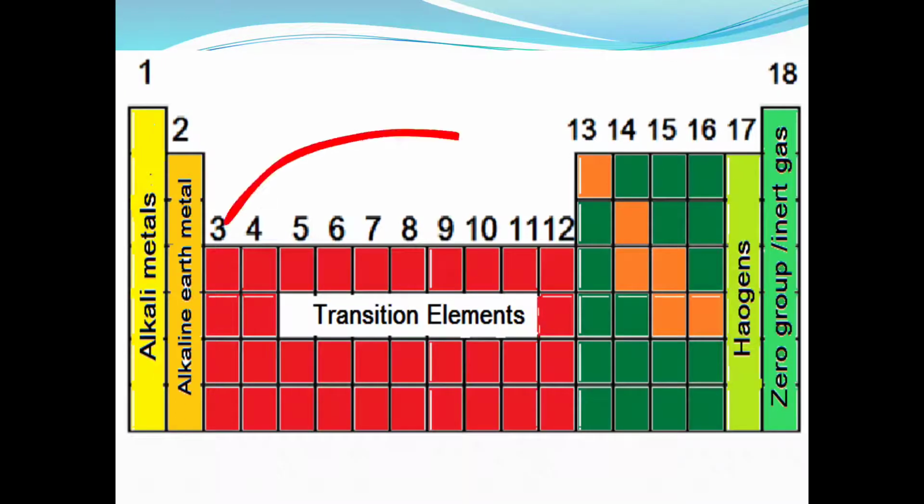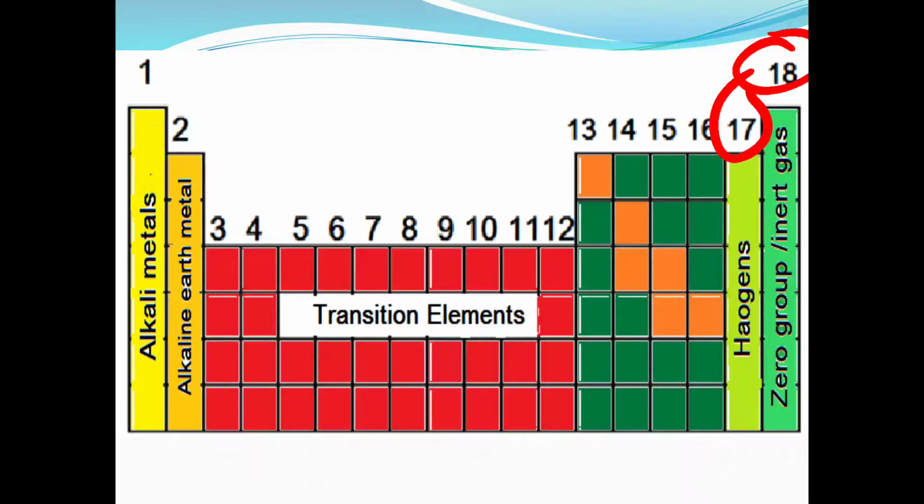Group number 3 to group number 12 is labeled as transition elements. Okay. Now if you see group number 17, it is labeled as halogens. Halogens actually are non-metals, but they are also very reactive non-metals. Group number 18 is labeled as zero group or inert gas. So what is zero group?